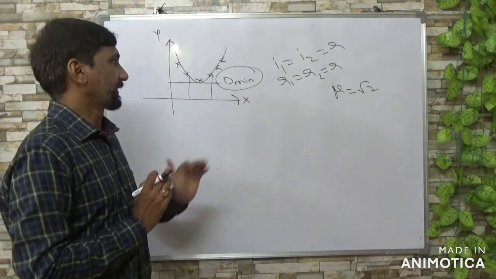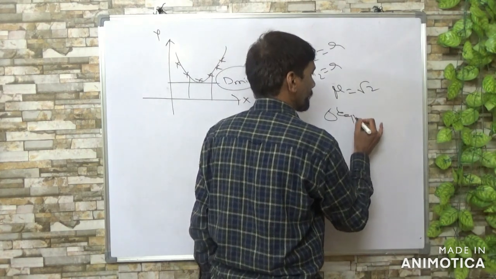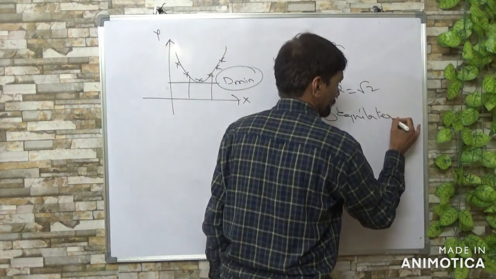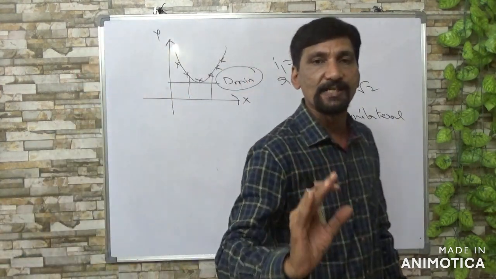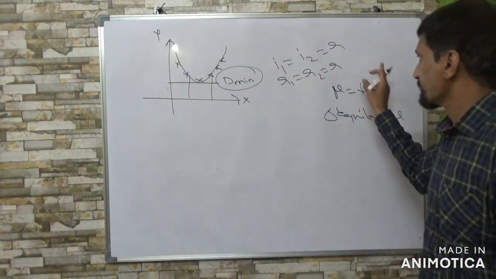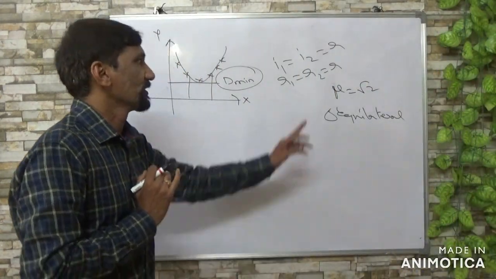Find that deviation. Say the prism is equilateral. So what is your question? There is one equilateral prism placed in minimum deviated position of refractive index √2.